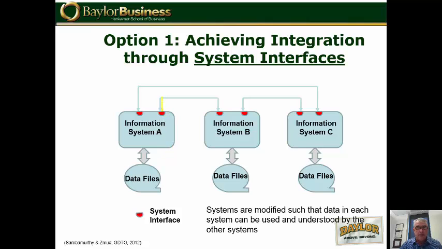So what they did over time was write middleware code, which is basically code that would translate data from one system to the next and allowed for this integration. This can be effective, but it can also be detrimental, because your systems become hardwired. When the business changes, you need to modify the middleware code, and the systems can become inflexible.